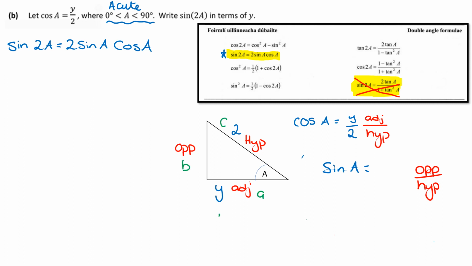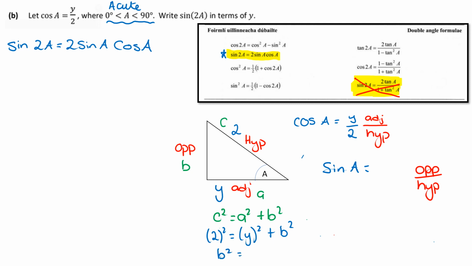C squared equals a squared plus b squared. So 2 squared is equal to y squared plus b squared.